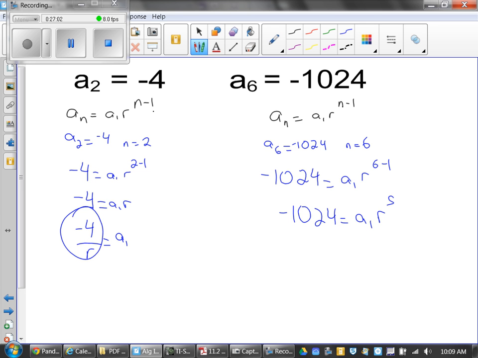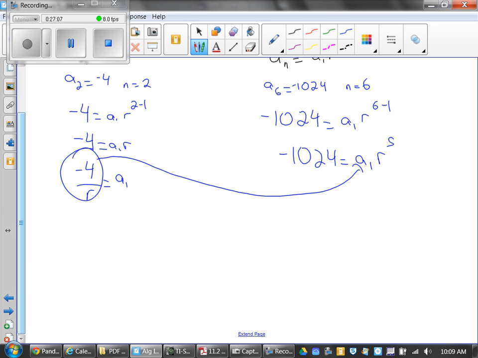So I'm going to take this value and substitute in here for the first term, which gives me -1024 is -4 over r times r to the 5th. Who wins that battle, r to the 5th or r to the 1st? R to the 5 minus 1? 4. It's a golf reference. 4.